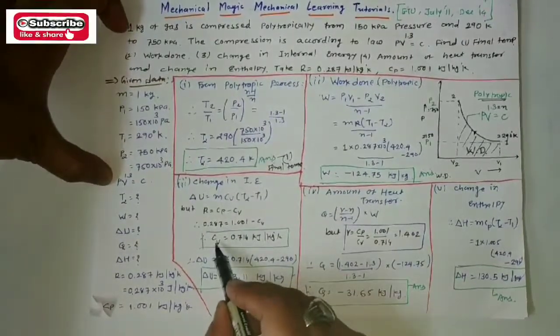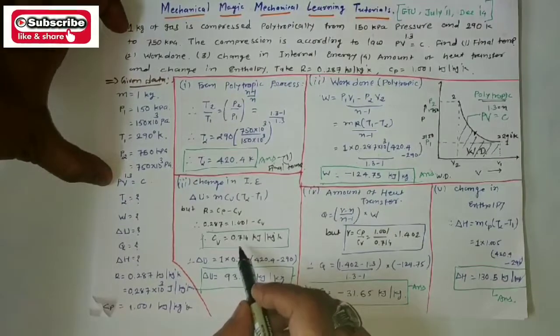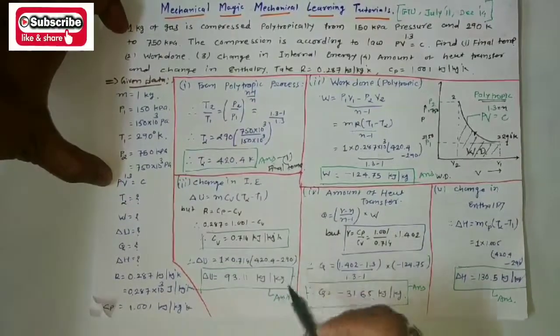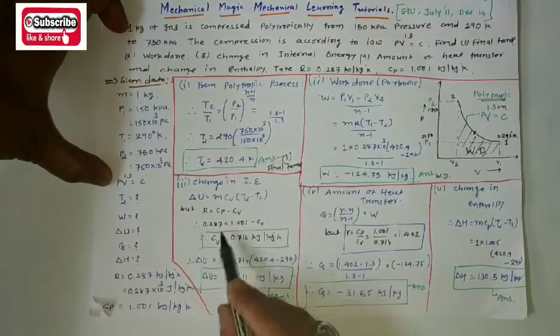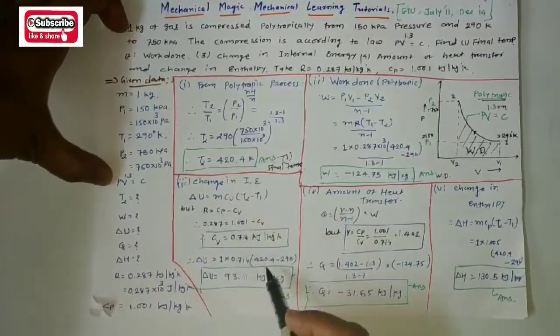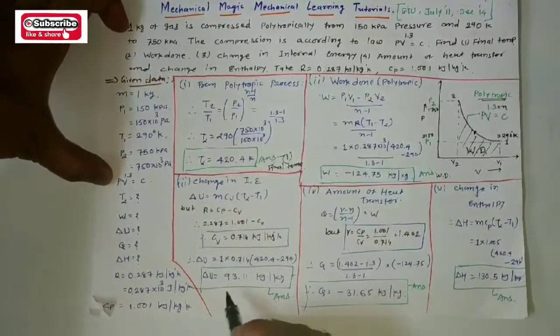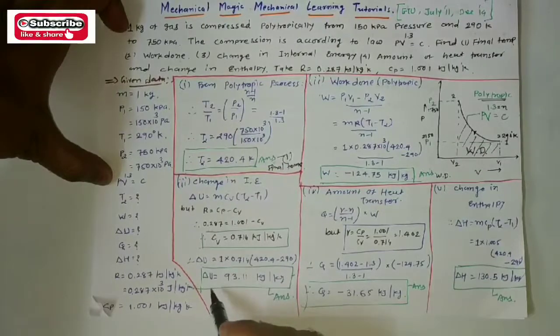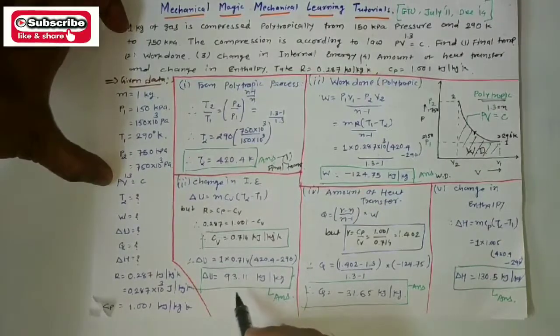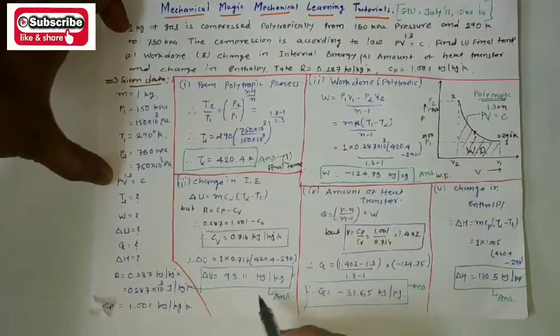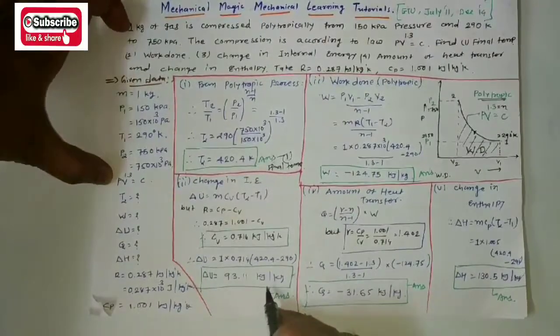Finally you get the value of Cv, 0.714 kilojoule per kg Kelvin. Just put the values of m, Cv and T2 minus T1 and you will get the answer. Change in internal energy delta U equal to 93.11 kilojoule per kg.